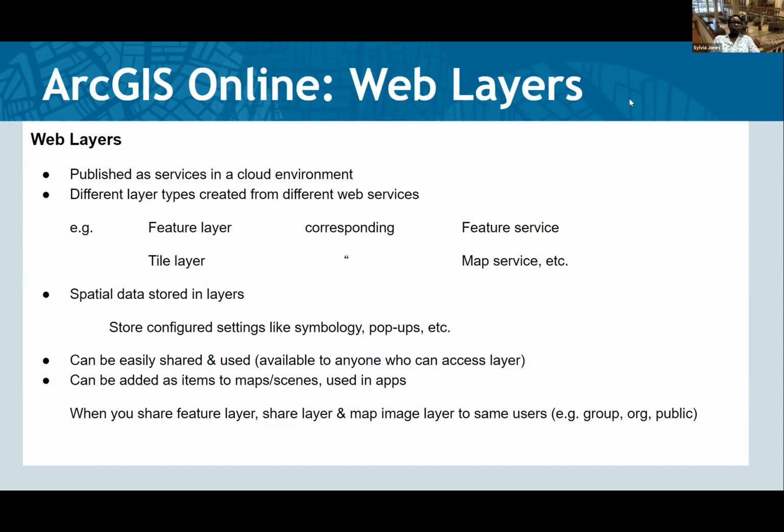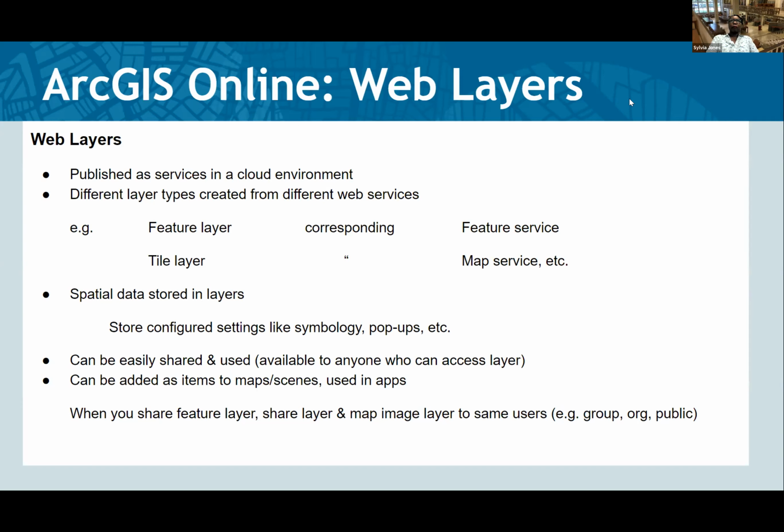And the settings that you configure can be stored in the layers. So you can configure things like the symbology, the pop-ups, etc. They can be stored in the layers themselves. And they're easily shared and used, so that anyone who has access to those layers can easily use them. And we can add them to maps, scenes, or even in apps themselves.